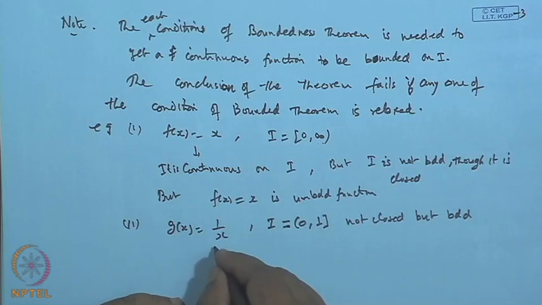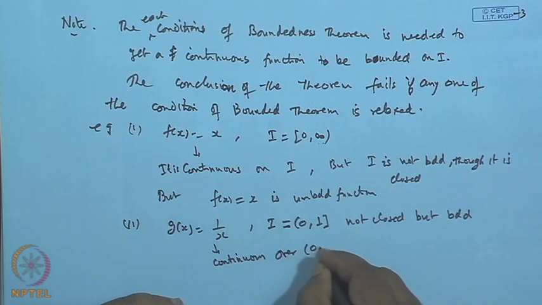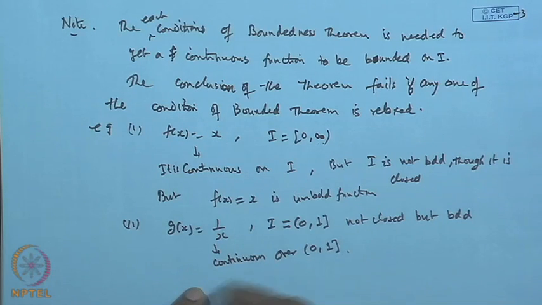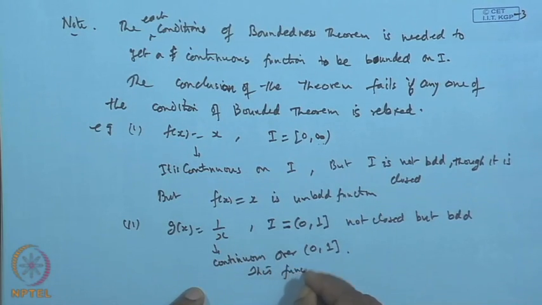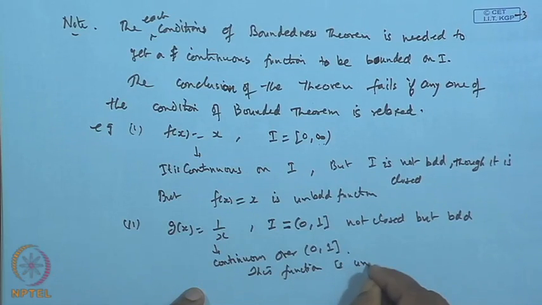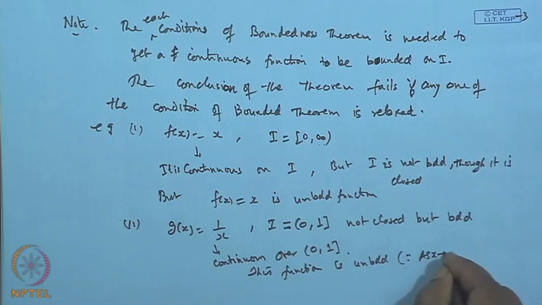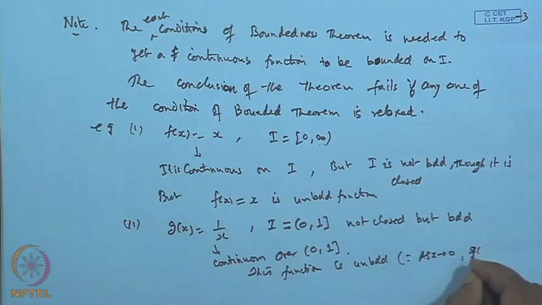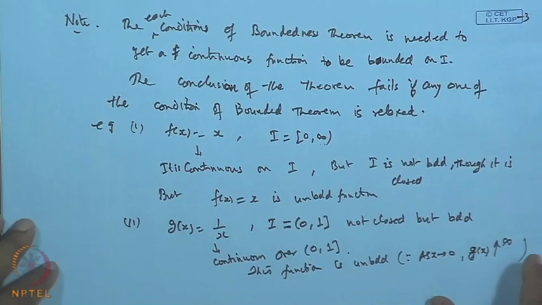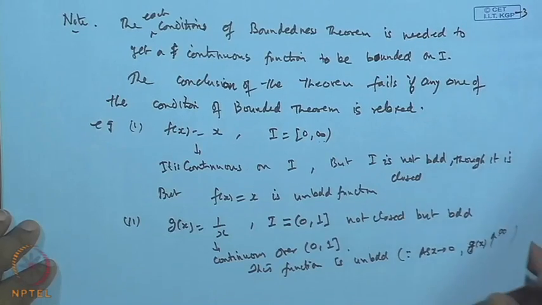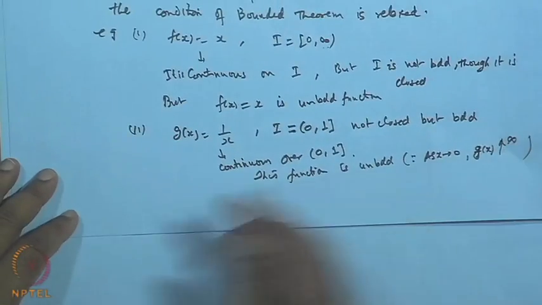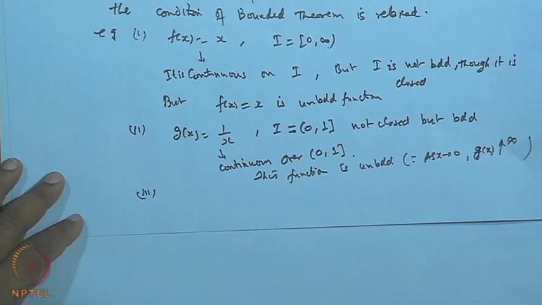The function is continuous over the interval (0, 1), because 0 is not included, but we have seen this function is also unbounded, because as x tends to 0, the function g(x) will go to infinity. So again, relaxing the condition does not help, and the conclusion fails.